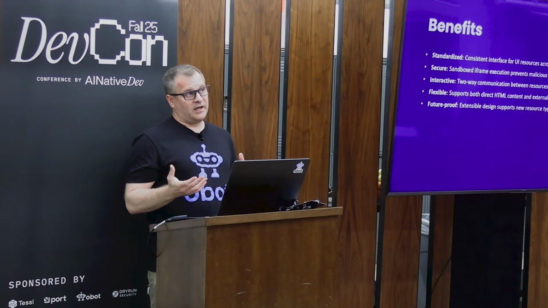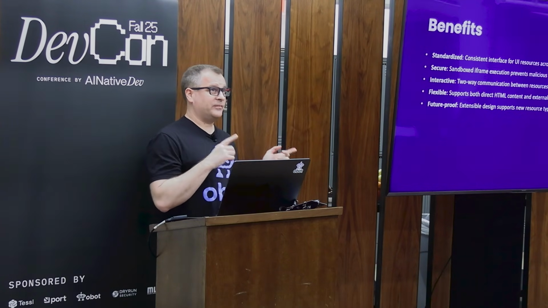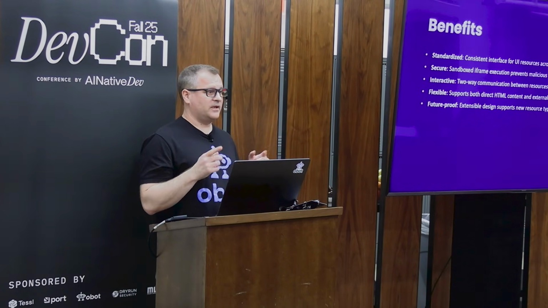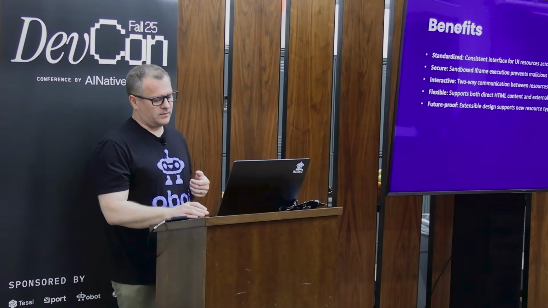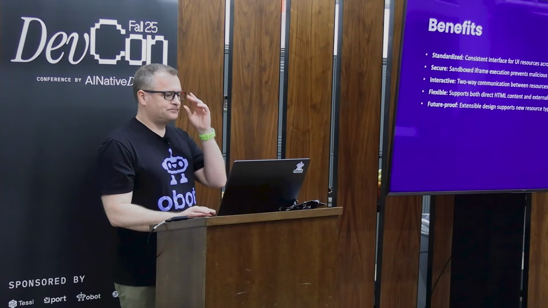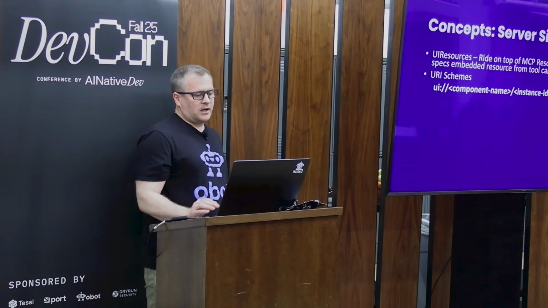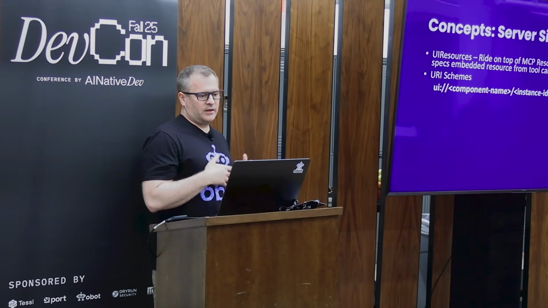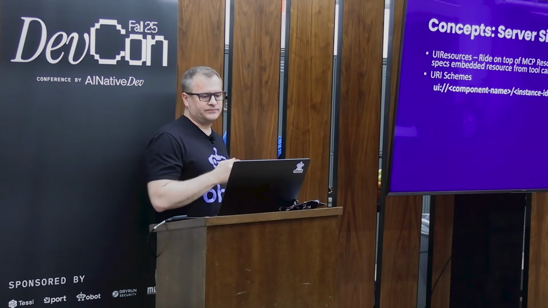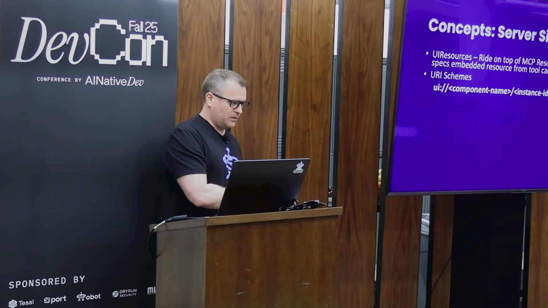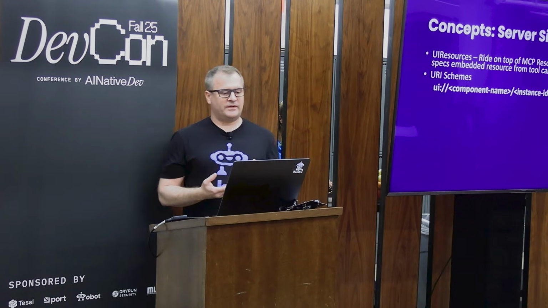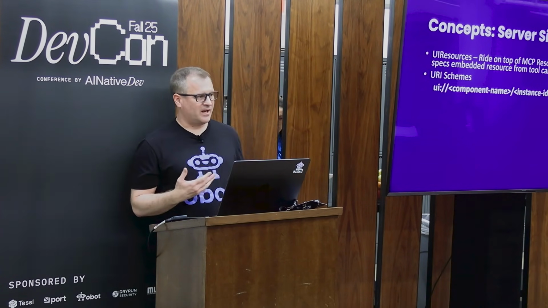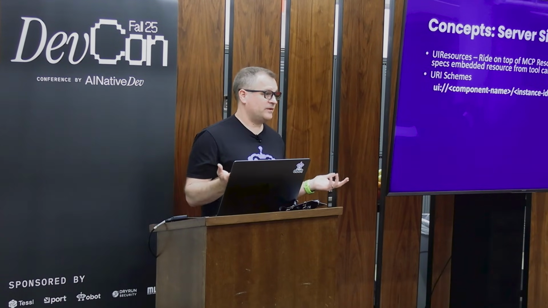I believe the OpenAI Apps SDK, I think that's the new one they released, is actually a smaller subset of some of the capabilities that you can do with MCP-UI. And so on the server side, in your MCP server, you're basically rendering UI resources on top of just regular MCP-type resources.